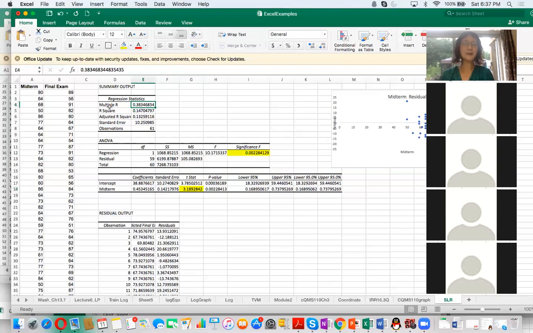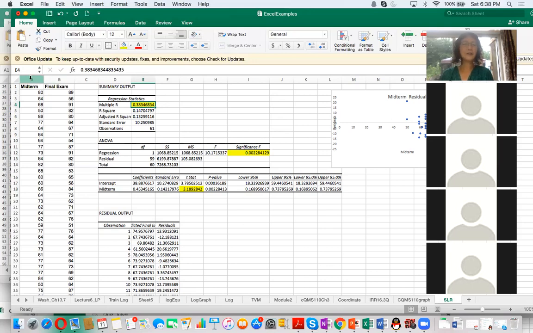The first number, we see Multiple R. This Multiple R, again, the value is from -1 to +1, including 0. When this Multiple R equals 0, there is no correlation between midterm and final exam.